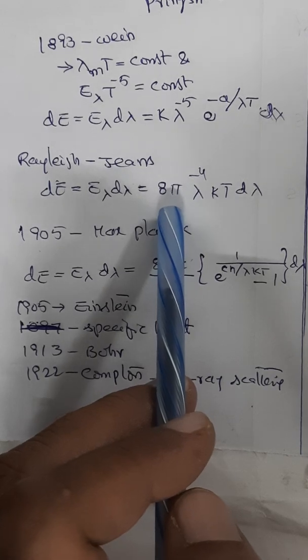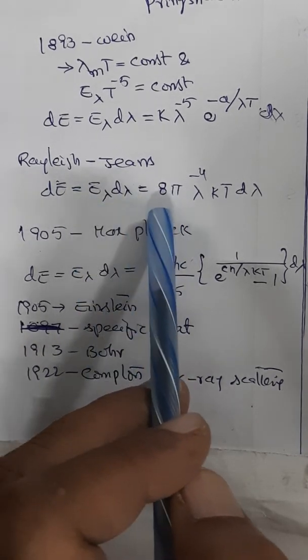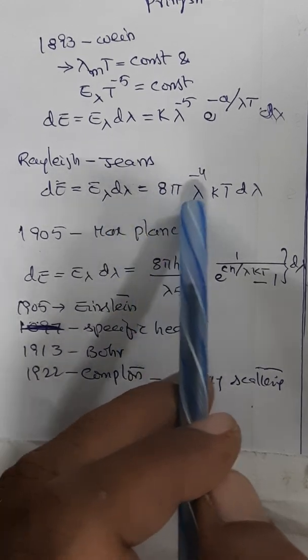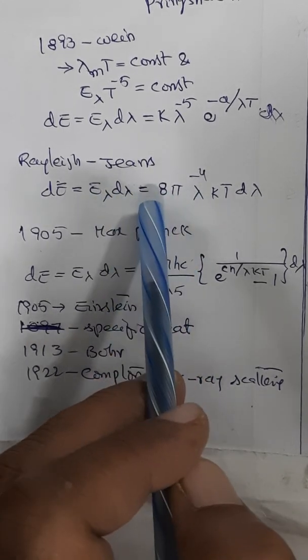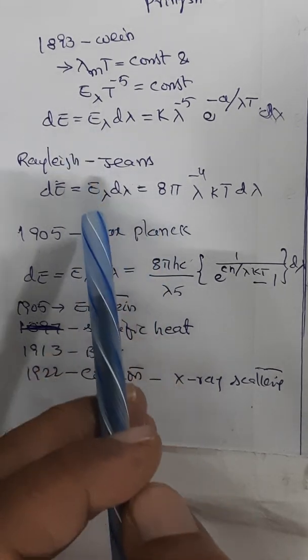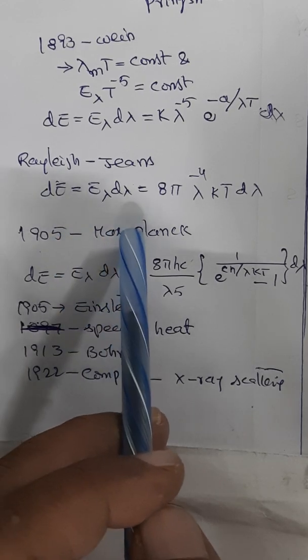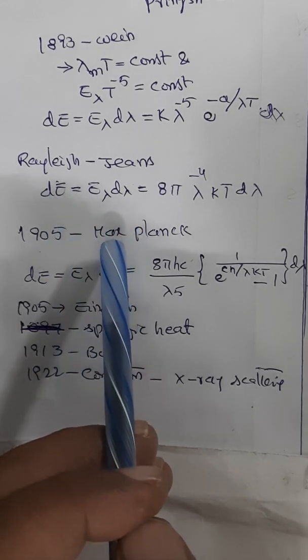Later, another scientist, namely Paschen, showed that the Rayleigh-Jeans formula is correct for longer wavelengths only. That means neither Wien's law nor the Rayleigh-Jeans law could explain the energy distribution over the entire range of wavelengths.